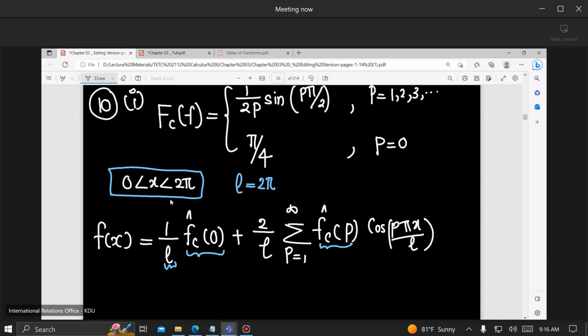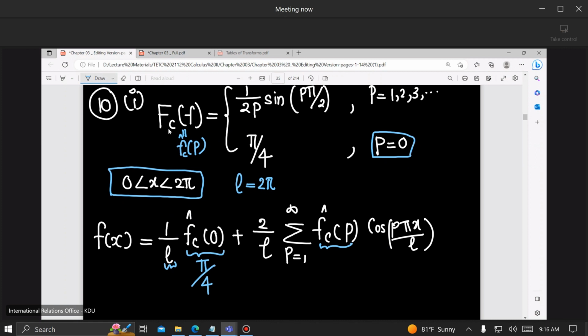Then f hat c p. Here the FCF is the expression for f hat c p, and it is given that when p is equal to 0, f hat c p is equal to this one. So that means f hat c 0 is this one. We have to substitute f hat c 0 by 5 over 4.